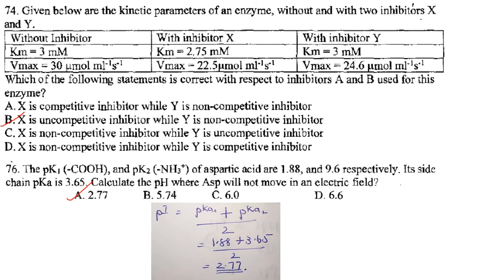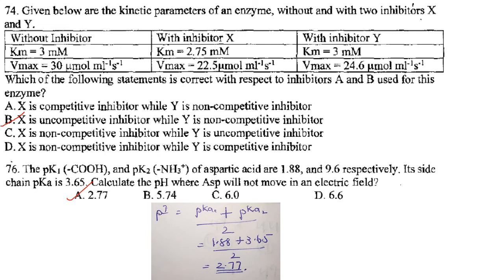Then, non-competitive inhibitors bind equally well to the enzyme and enzyme substrate complex, whereas uncompetitive inhibitors reduce the Vmax and reduce Km value.